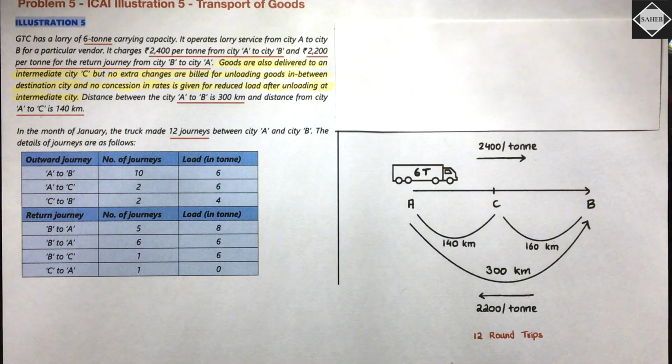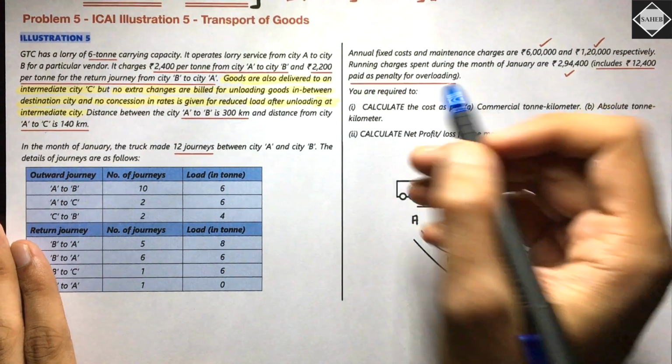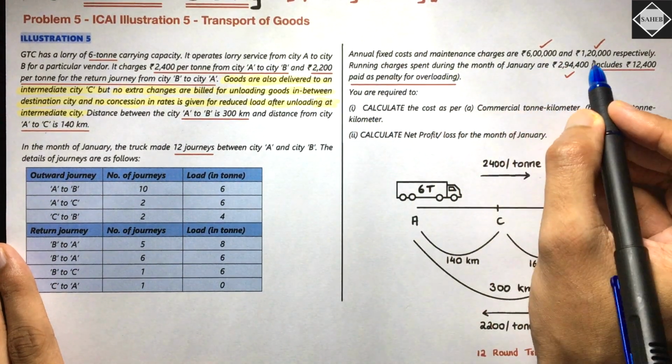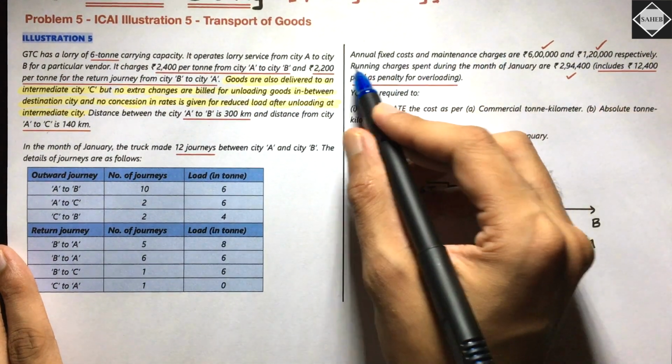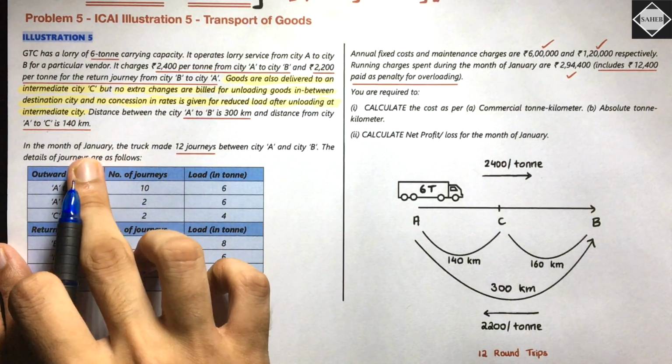Then what else? You understood the breakdown now. When we solve the question, you will understand it further, right? Then see, they are saying annual fixed cost and maintenance charges are 6 lakh and 1,20,000 respectively, right? So it's really simple. Annual fixed cost is given and everything else is regarding January, on a monthly basis.